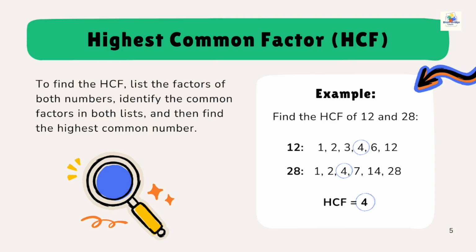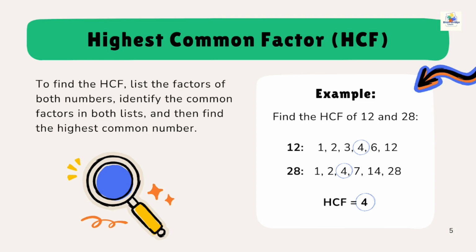Find the HCF of 12 and 28. The factors of 12 are 1, 2, 3, 4, 6, 12, while those of 28 are 1, 2, 4, 7, 14, 28.